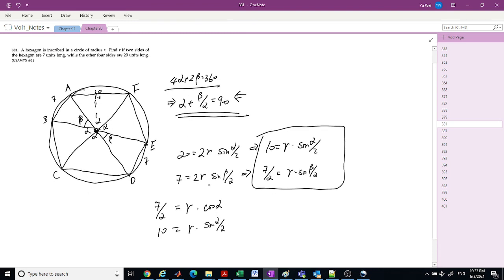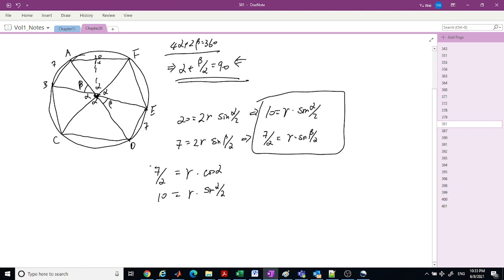So now let's find the r. Once we solve alpha, we can solve r, right? So now the 7 over 20, this one over this one, is equal to cosine alpha, which is 1 minus 2 sine squared alpha over 2, over sine alpha over 2.